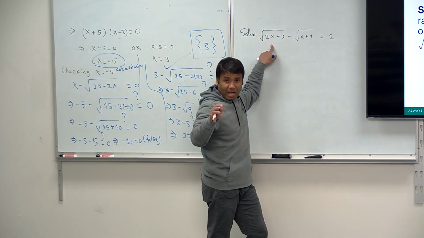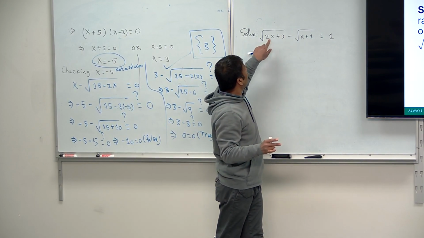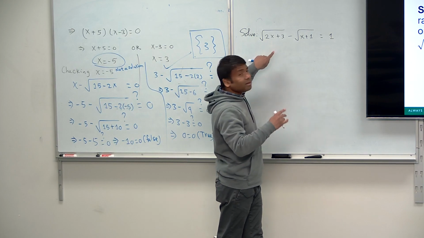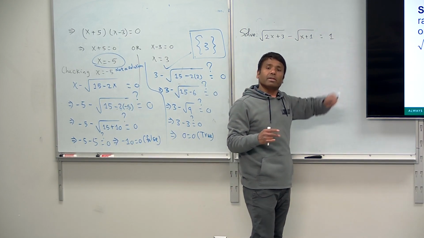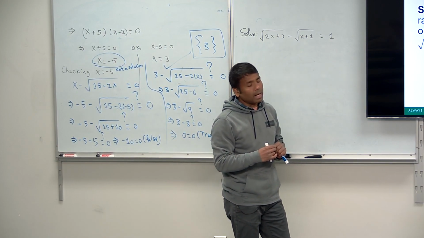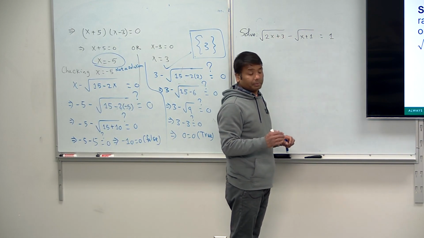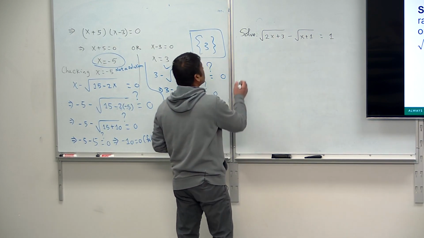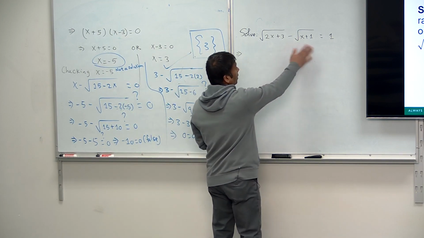So now I want to keep this on the left side. We have 2 radical terms here, right? So that means you have to keep one on one side. If you want to keep this on the left side, you have to move this to the right side. It doesn't matter which one you move as long as one is on the other side. So I want to move this to the right side.